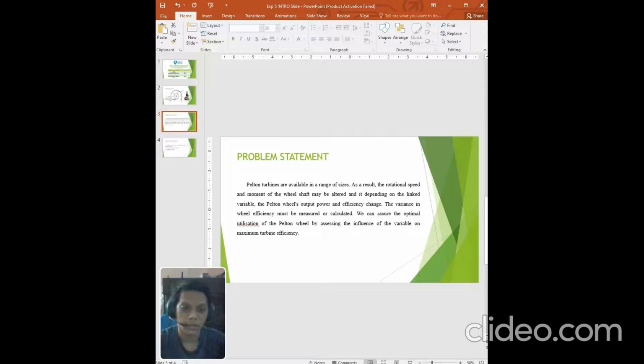The variance in wheel efficiency must be measured or calculated. We can assure the optimal utilization of the Pelton wheel by assessing the influence of the variable on maximum turbine efficiency.